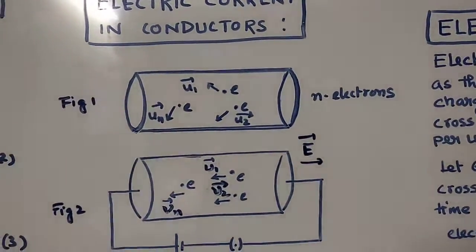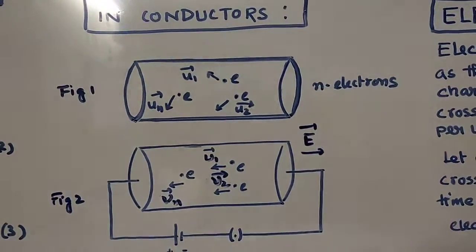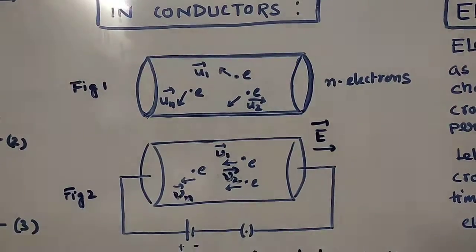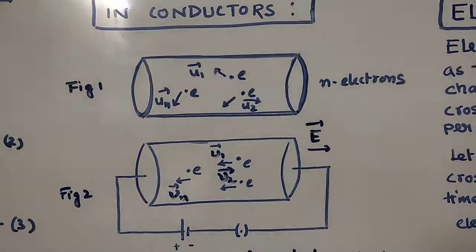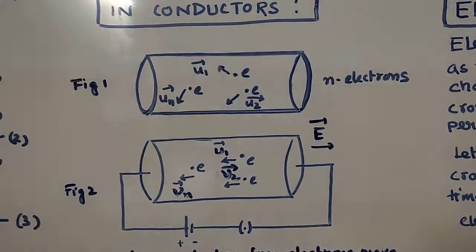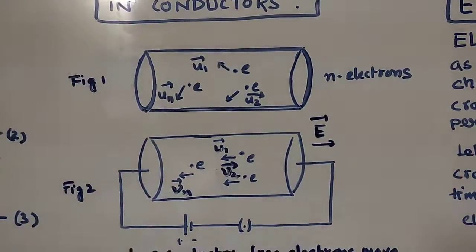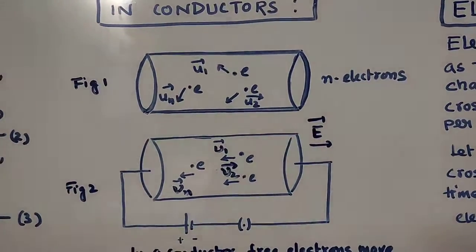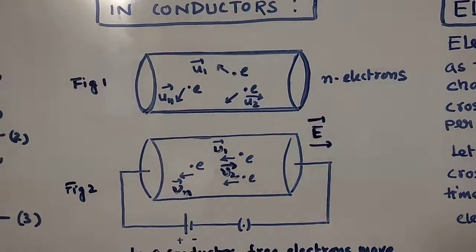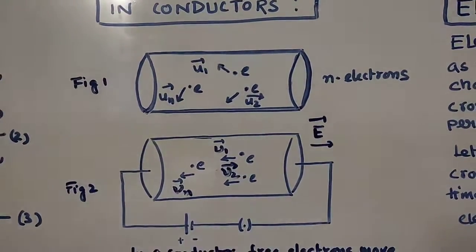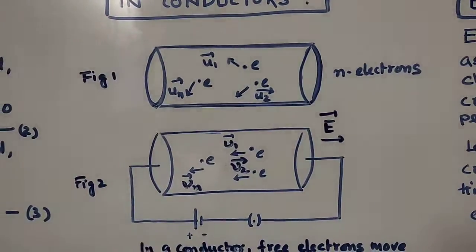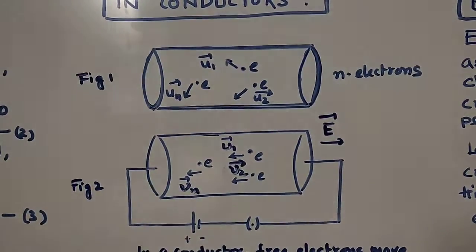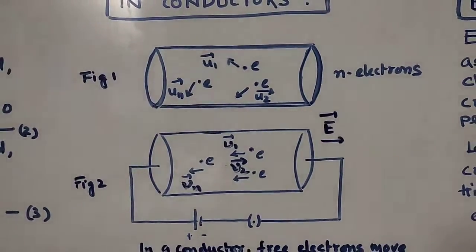So we have drawn two figures, figure 1 and figure 2. In figure 1, what we are trying to show is that there are n electrons and all electrons are moving randomly in all directions. One is moving with velocity u1 vector upward, another with u2 vector downward, and another in some other direction that we denote by u suffix n vector.